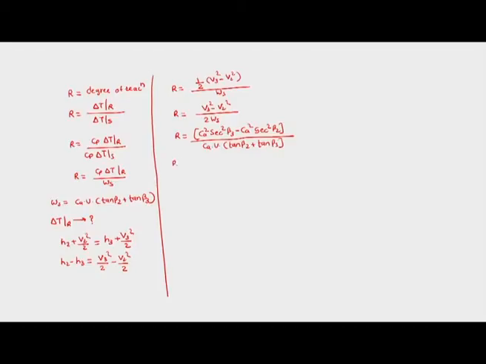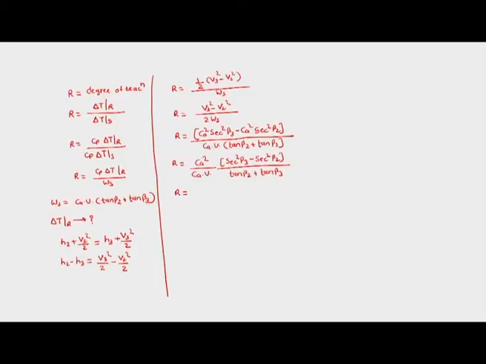So we have R is equal to Ca square upon Ca into U, into sec square beta 3 minus sec square beta 2, divided by tan of beta 2 plus tan of beta 3.